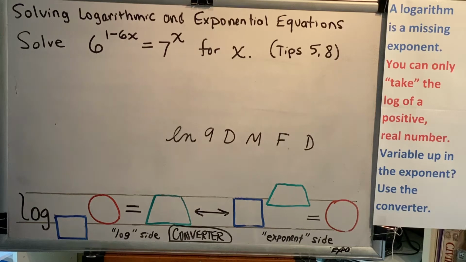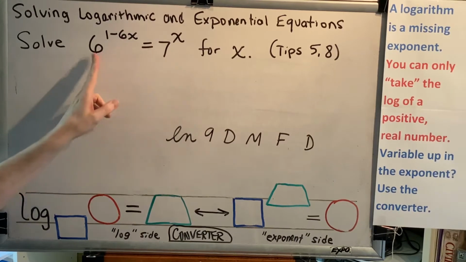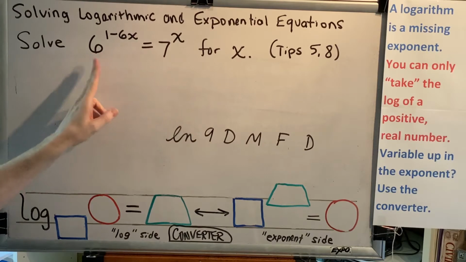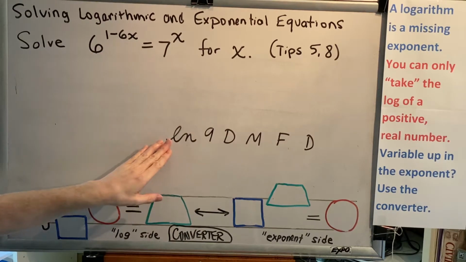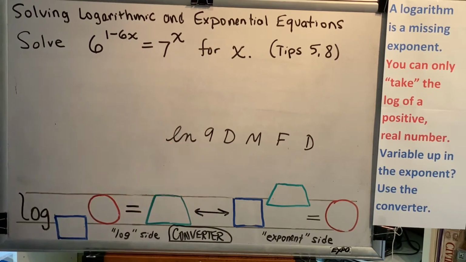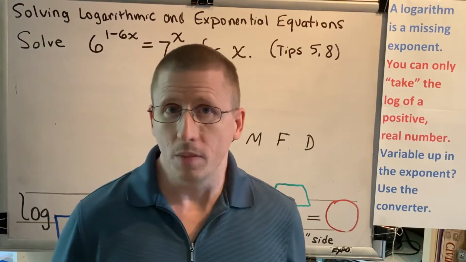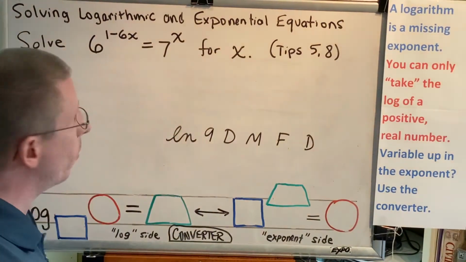Now, one thing I would like to mention before we begin. When you have two different numbers here, and you cannot rewrite them to both be powers of the same value, then you're going to take the natural log, you're going to take the log of both sides. But how do we know what kind of log we should take? Why did I choose to take a natural log? Well, the conventional wisdom is that you can choose any log base you'd like.